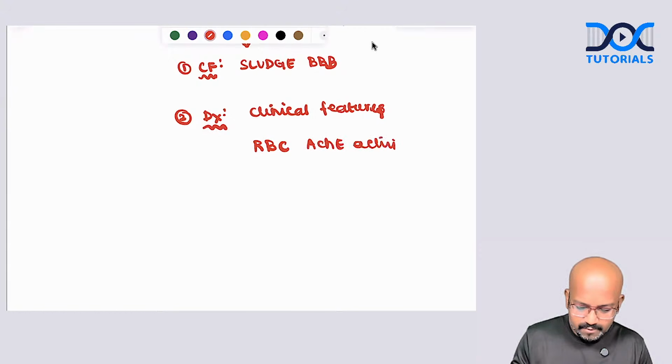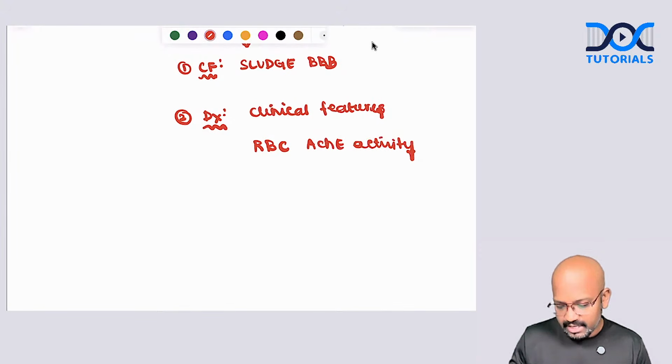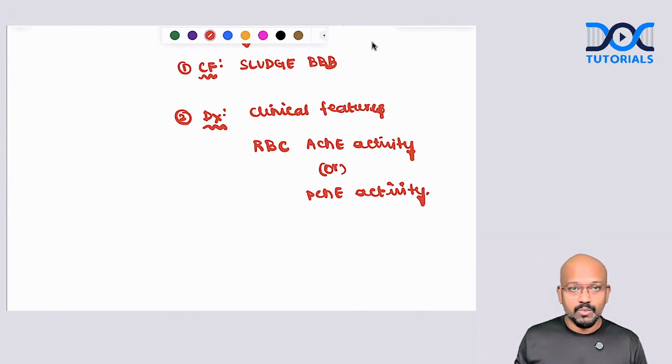RBC acetylcholinesterase or RBC pseudocholinesterase activity can be taken. By measuring this activity, we can find out whether the patient is suffering from organophosphorus compounds poisoning or not.